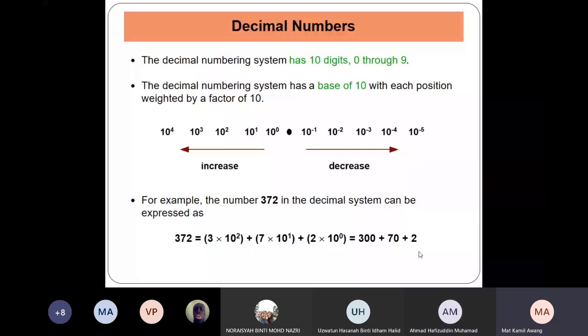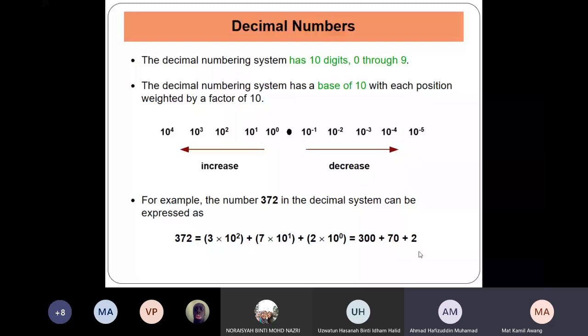For the third location, which is at 10 to the power of 2, that becomes 100, 200, 300, 400, 500, 600, 700, 800, 900, and so on, right? Anything on the right of the decimal point is decreasing: 10 to the power of minus 1. The next location, 10 to the power of minus 2. The next is 10 to the minus 3, and so on.